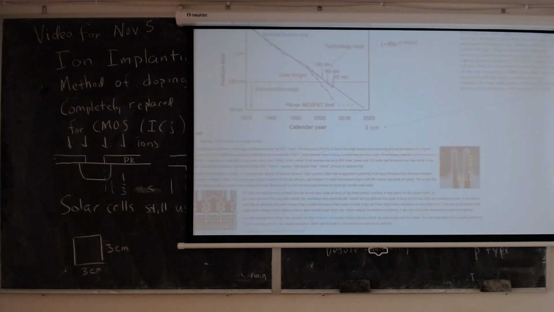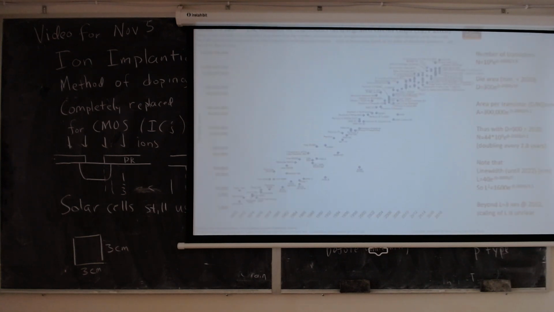Now, what that means is that this curve right now at 2020 has to bend over, because the increase here has been due to the decrease of the line width, which is continuing to go on at least till 2022, and we'll talk about that in a second, but also because the chip has gotten bigger, allowing more transistors at a given size.